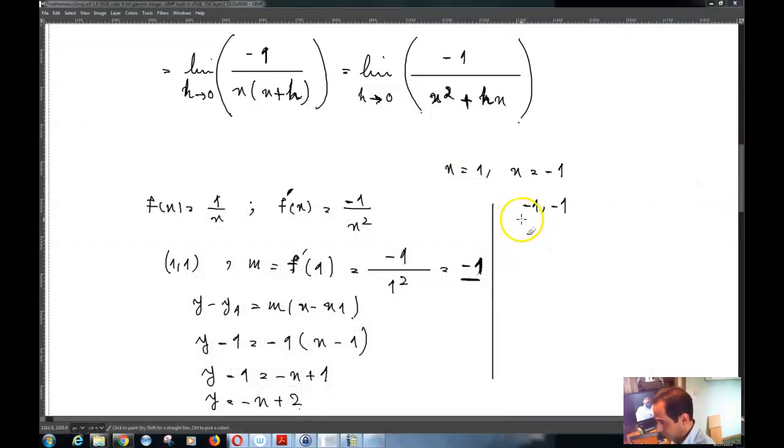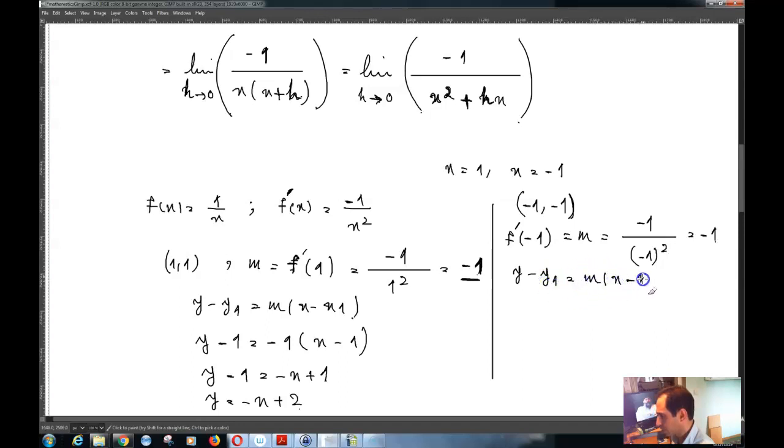Again, it's a line that passes through the function at this point, and the slope of the line is f prime of negative 1, which is equal to the slope of the line at that point. So that is equal to basically negative 1 over negative 1 squared, which is equal to, again, negative 1. So now y minus y1 is equal to m times x minus x1.